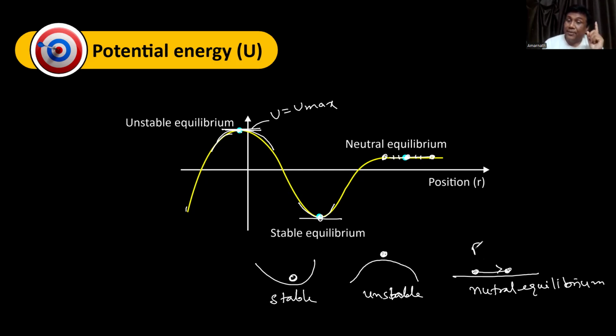But remember, everywhere force is 0. Everywhere du by dr is 0, because force is 0, which means slope is 0. Here also du by dr is 0.